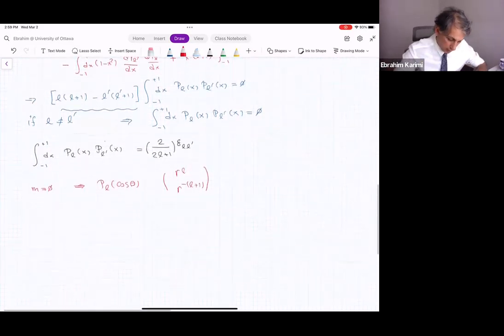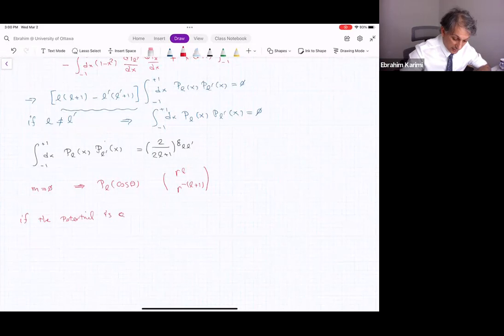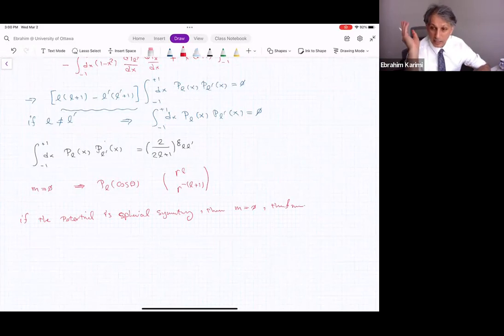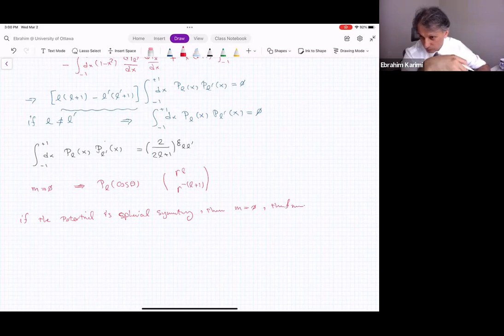So if the potential has cylindrical, spherical symmetry, then m is equal to 0. Therefore, the solution that we have is P_L times either one of these two terms, or the sum of the two, which can only be labeled by one parameter, which is L, and nothing else.